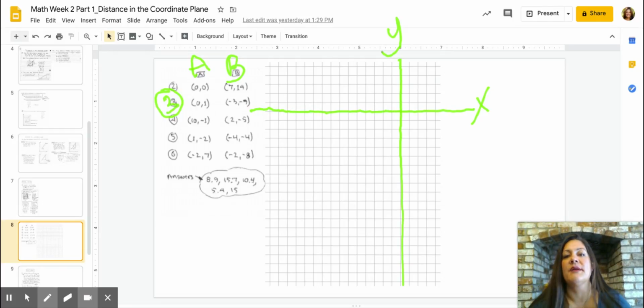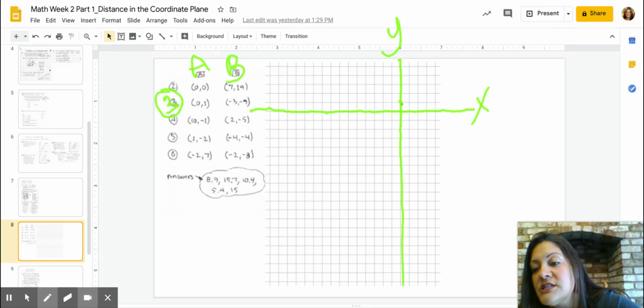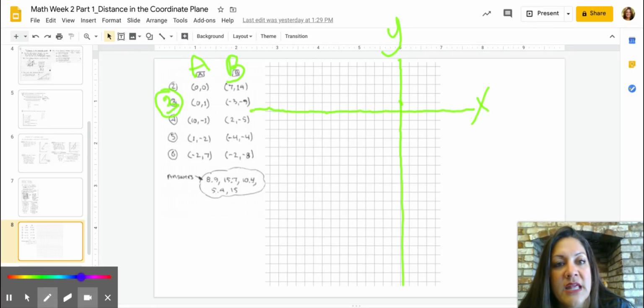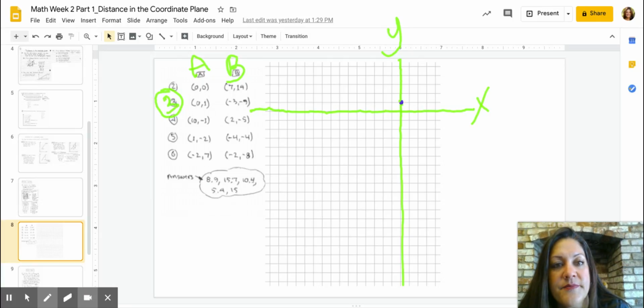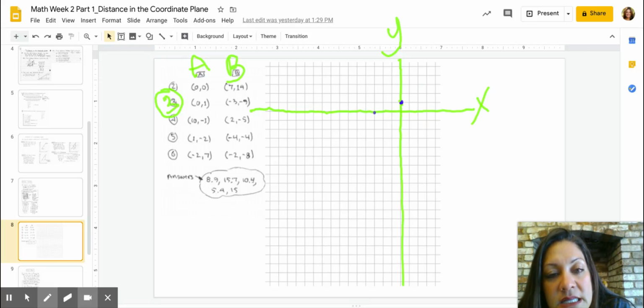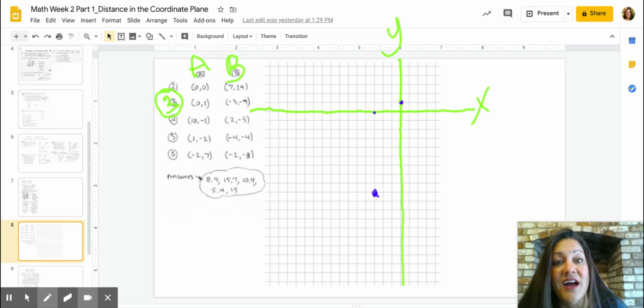Okay, so my point A is at 0, 1. Oh, let me change colors. 0, 1, right there. And -3, -9. So 1, 2, 3. And 1, 2, 3, 4, 5, 6, 7, 8, 9. I can get it on that spot. There we go. Okay, so now we're going to draw our lines to connect in a right angle.